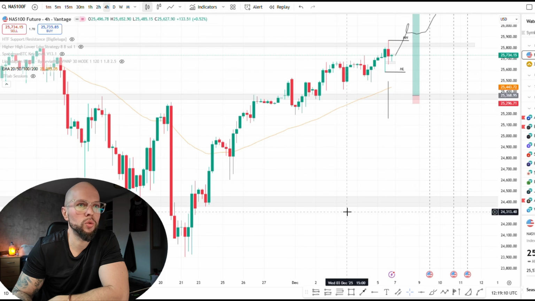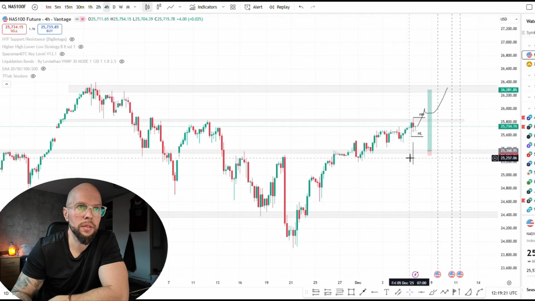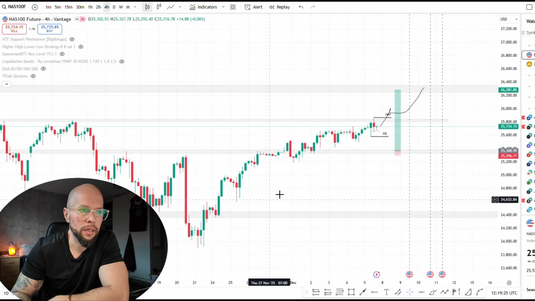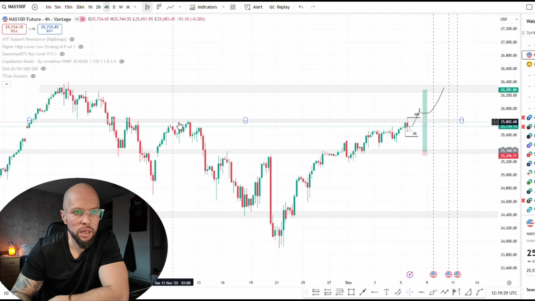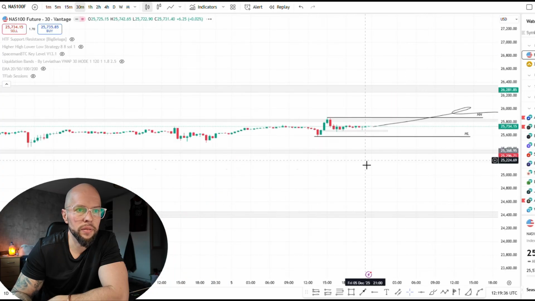NASDAQ. With NASDAQ, what do we have here? Same scenario. Confirmation first. Clear uptrend around resistance level. Some type of reaction from resistance level.